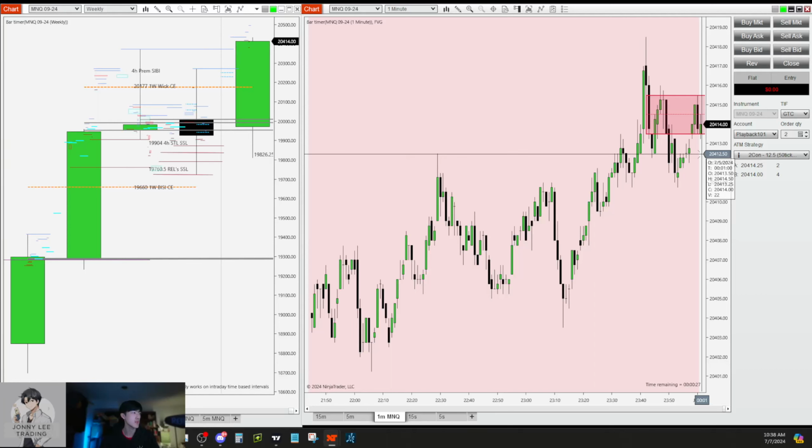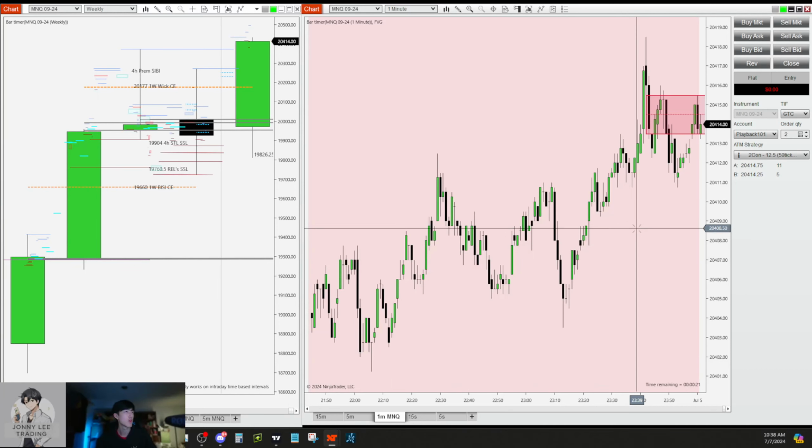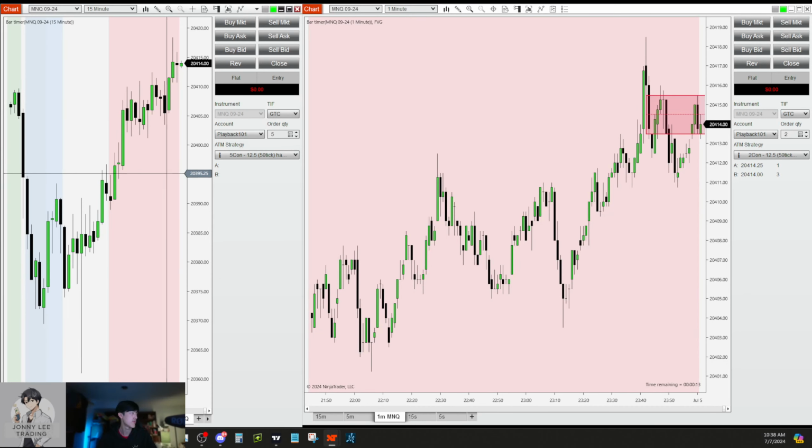You can see price is starting to trade a bit. And what'll happen is you can actually see this data played back on all of these time frames. So you're on July 5th, I'm on Friday the 5th, and I can actually play back the whole time.